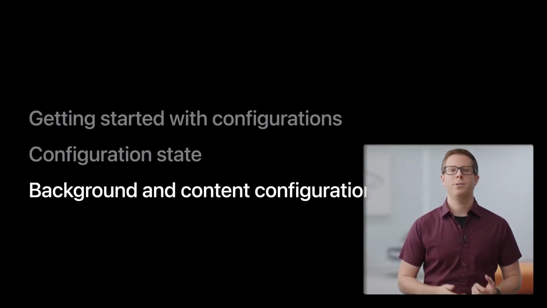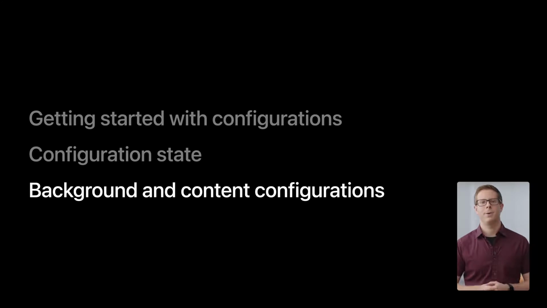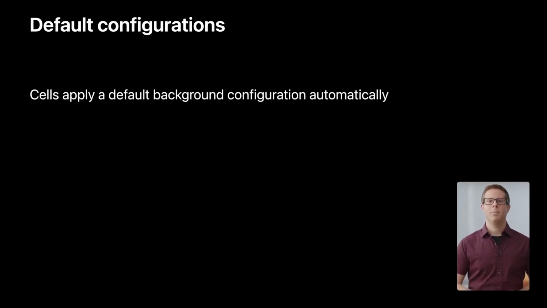Now that you understand how configurations can produce updated appearances for different states, let's cover some of the details that you need to know when using background and content configurations. Collection view list cells, table view cells, and table view headers and footers all set up a default background configuration automatically, based on the style of the containing list or table view.